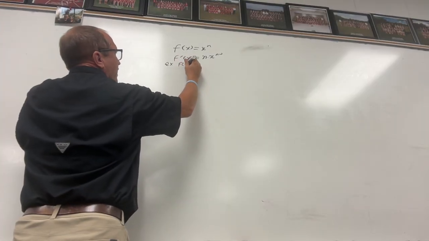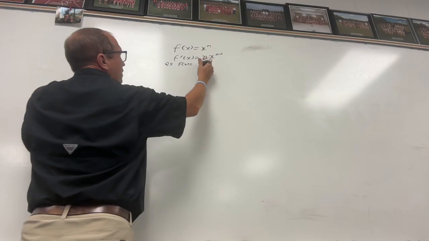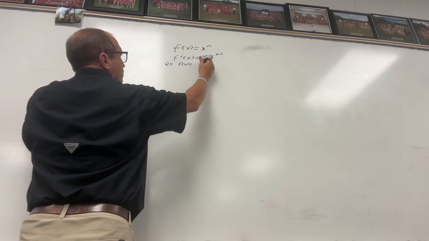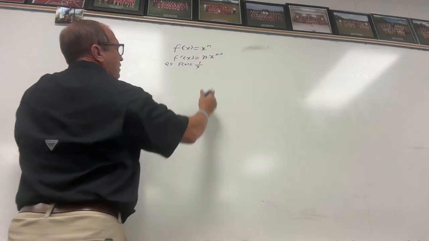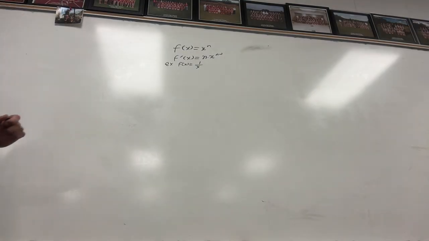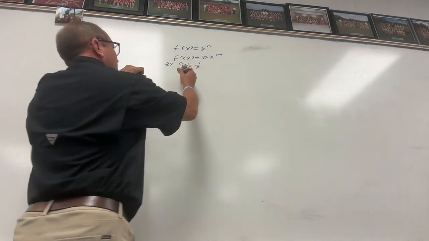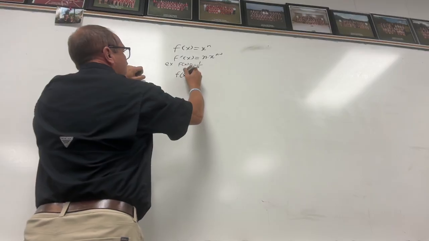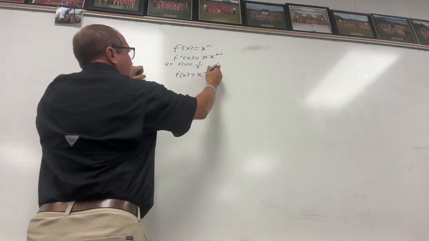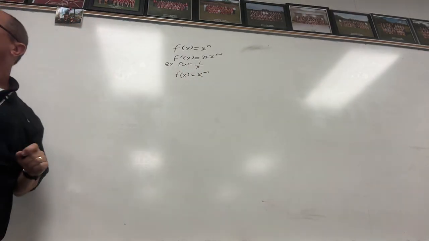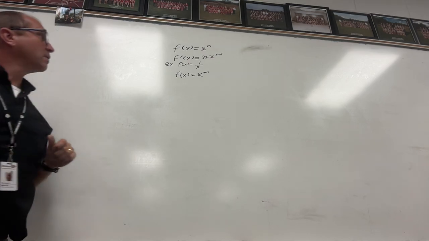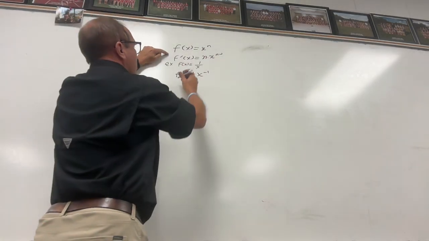If I have f of x equals, let's do 1 over x. We did this one earlier in class. How do we treat 1 over x? It's also the same thing as x to the negative first power, right? So let's do our shortcut.